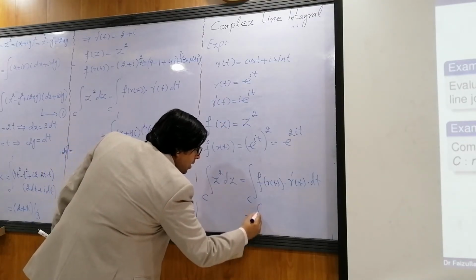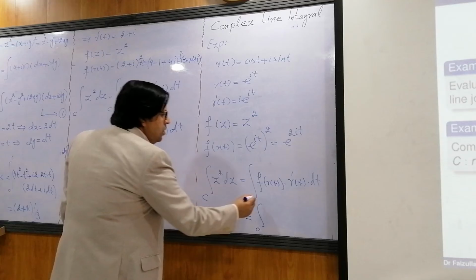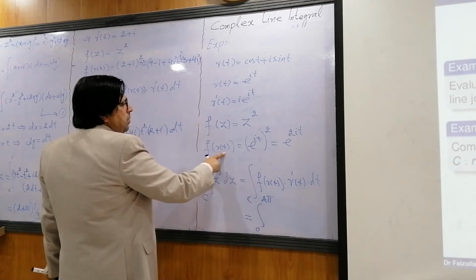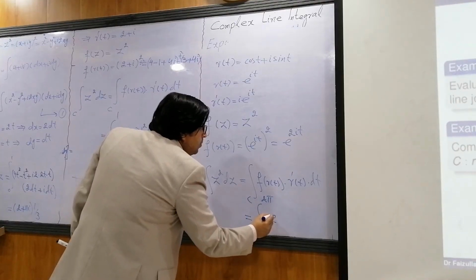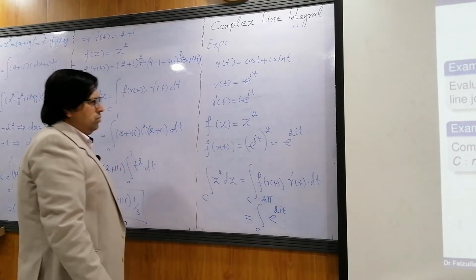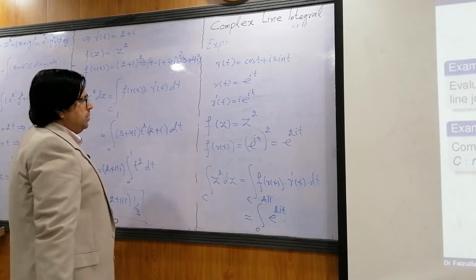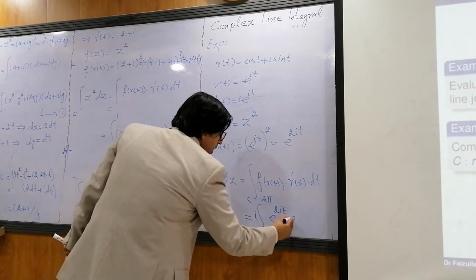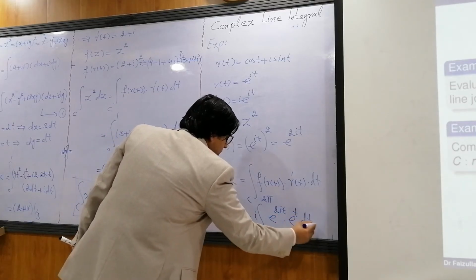If I put the limits, this is from 0 to 2 pi, and f of r of t is e power 2 iota t into r dash of t. R dash of t is iota e power iota t, I will write the iota outside.